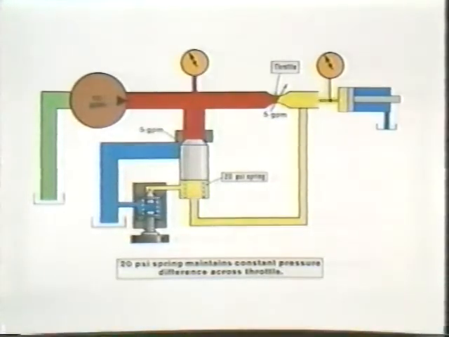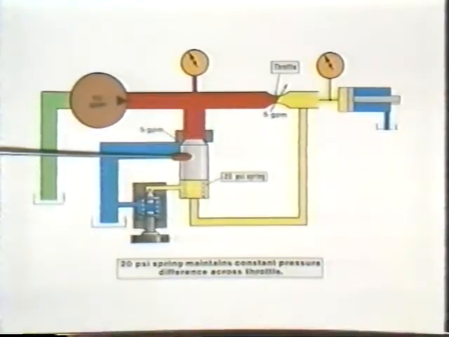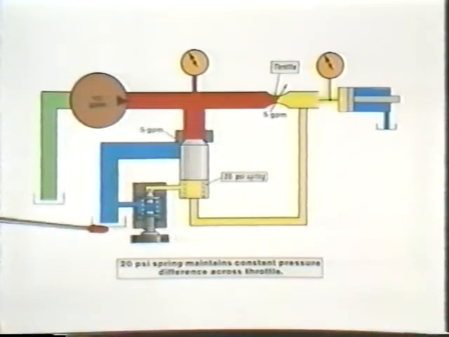Now, when the oil comes out of the pump, only 5 gallons per minute can flow through the orifice. So the buildup in pressure, once it reaches 20 psi at this point, will cause this poppet to move off its seat, and the excess flow from the pump will take this path through here to tank.